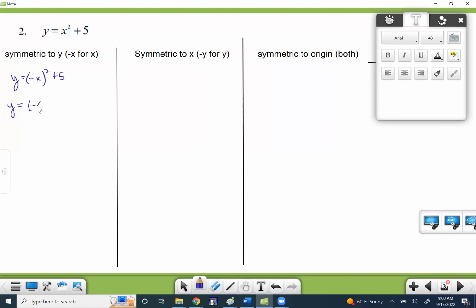That's what it means to square it. A negative times a negative is actually a positive, and an x times an x is an x squared. Is this symmetric, does it match the original? And yes, it absolutely does, right? And so that implies symmetric to the y-axis.